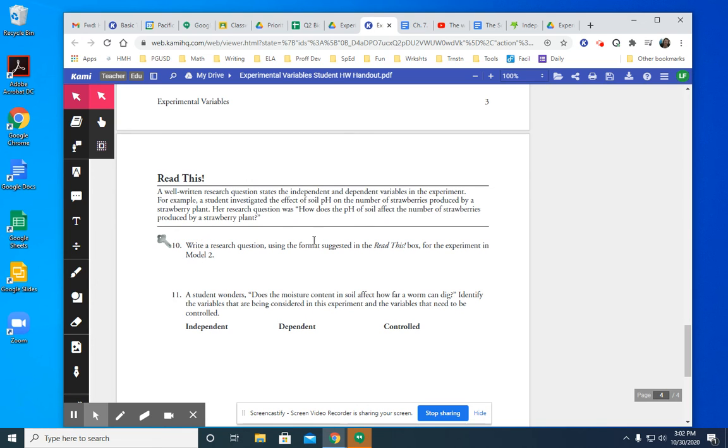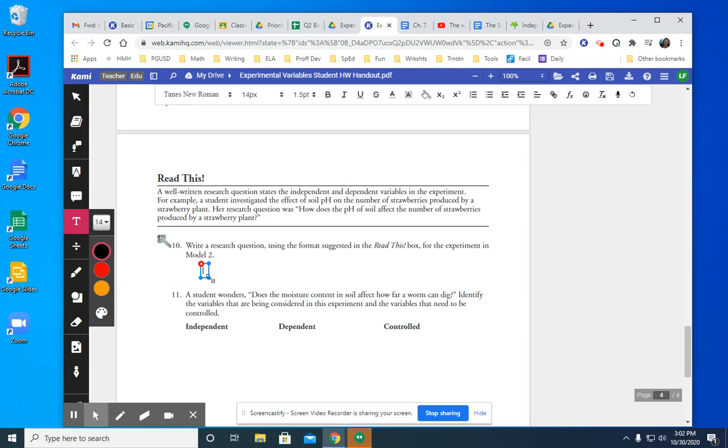Write the research question using the format suggested in the Read This box for the experiment in Model 2. So again, we're going back to the experiment in Model 2. And we're going to use the if, then, because model.